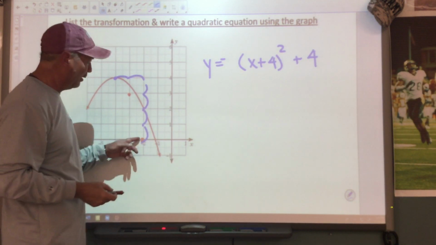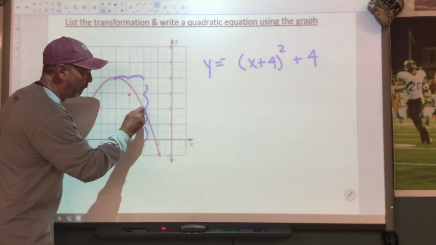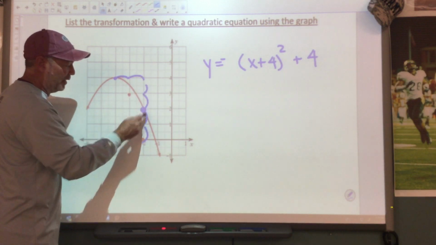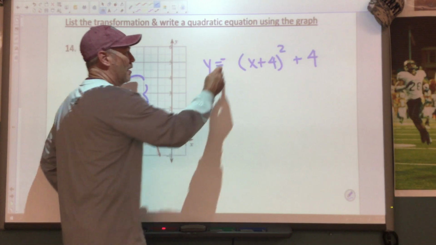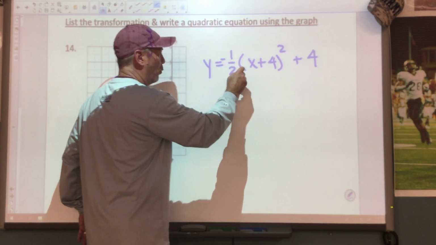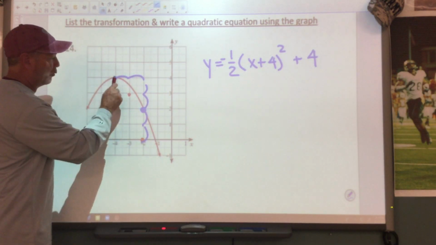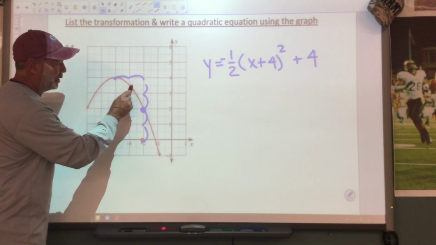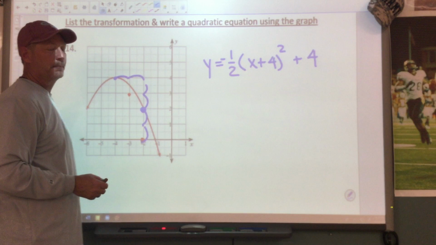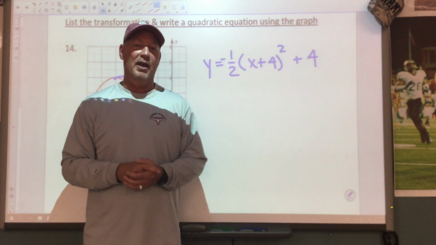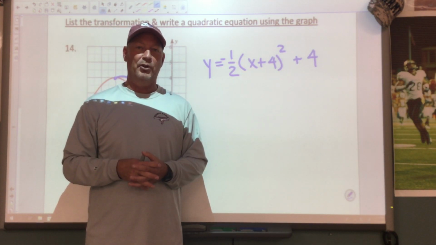I should be here, but I am only halfway there. I am half as long as I need to be. So that means you have had a vertical compression by 1/2. Instead of going to 4, we're at a 2. You're going to have a half as your a value.